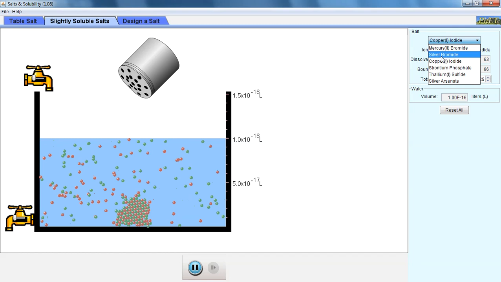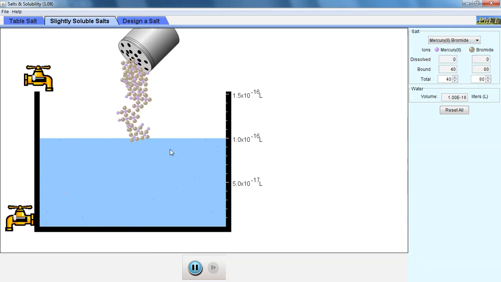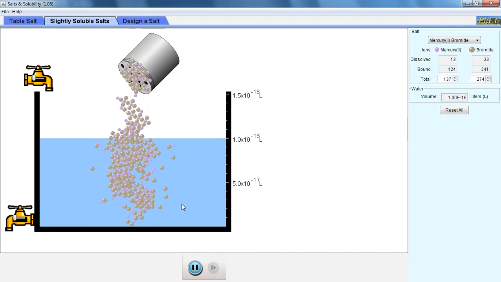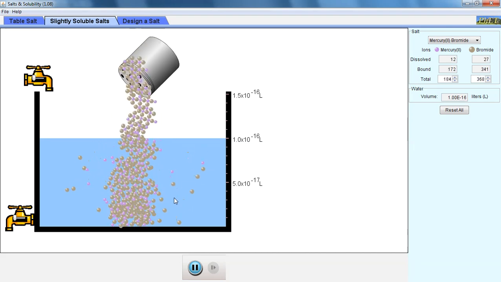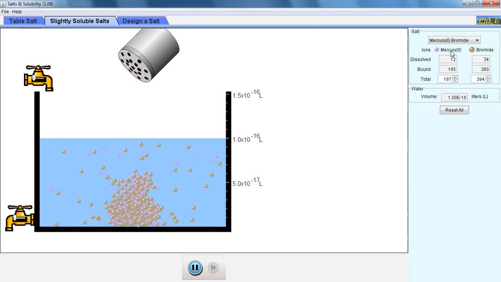But if I now use, for instance, mercury(II) bromide, and I dissolve that, I can't really compare the number of ions because I'm going to have 2 bromides for every 1 mercury because it's HgBr2. So I'm going to have double the amount of bromides going into solution compared to mercury. You can see that over here, the bromides are the brown ones and there are more of them than the pink mercury ones.